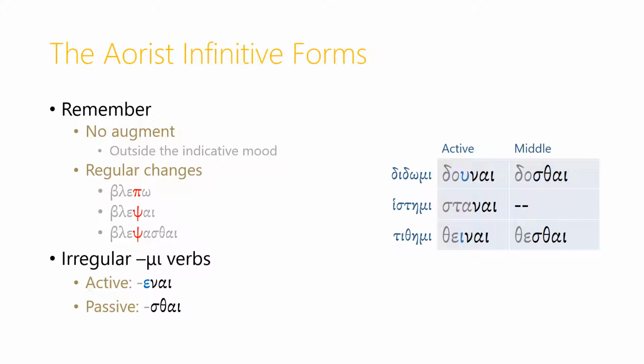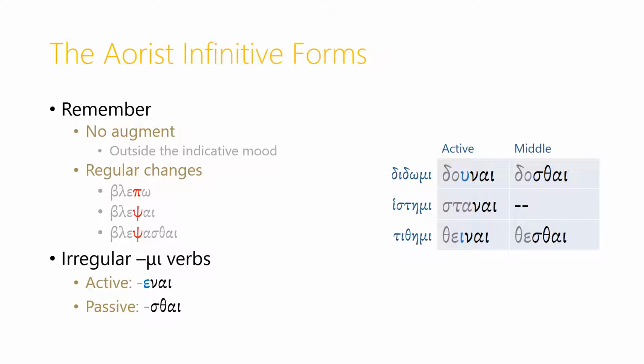With histemi, the real stem is sta, and when we add -nai on the end of sta, the epsilon just disappears here. The alpha is strong enough to stand by itself, and so we have stanai. With tithemi, the real stem is the, and when we add -nai after the, the two epsilons meet and form the diphthong epsilon iota, or ei.